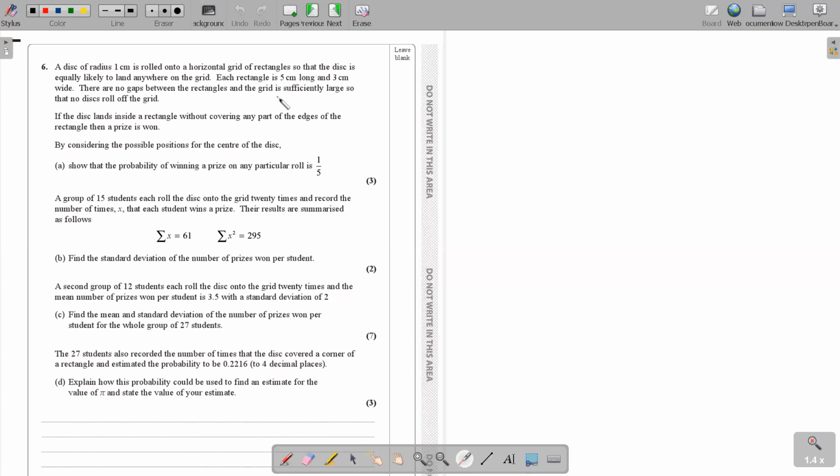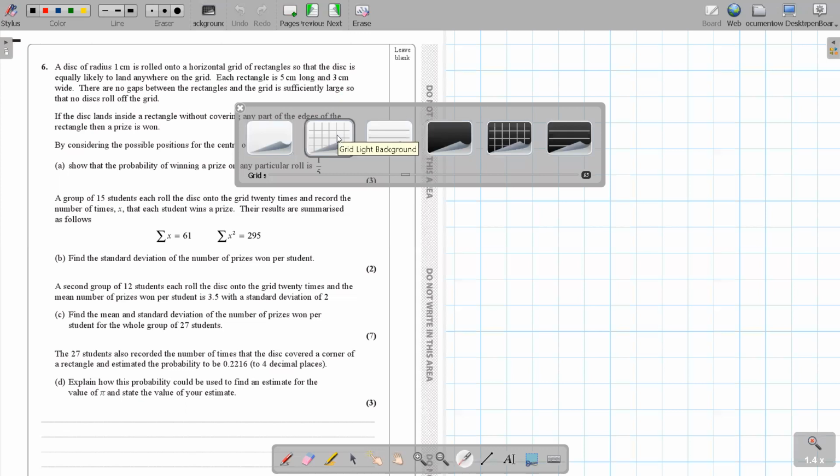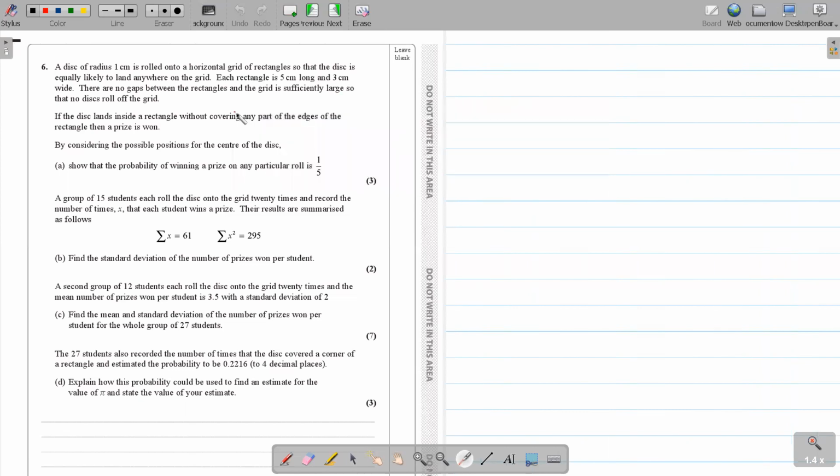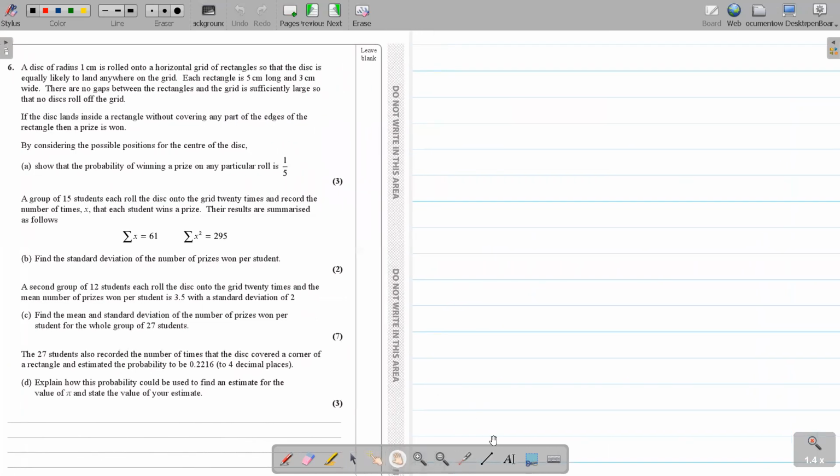3 by 5, okay. There are no gaps between the rectangles. So basically you have a grid. Oh no, my grids are squares. Unfortunately, they say the grids are rectangles, so I will have to draw the rectangles here.